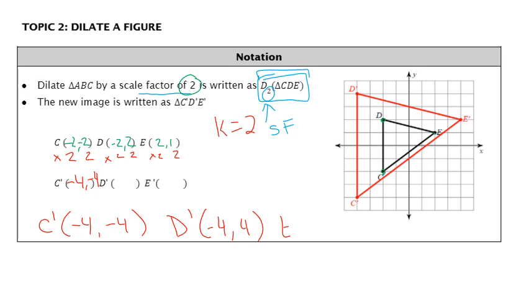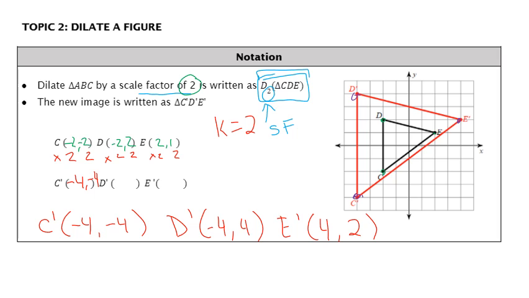And E prime would be 4, 2. If I wanted to check my answer is correct, I can see C prime is actually -4, 4. D prime is -4, 4. And E prime was 4, 2. So it actually did check out.